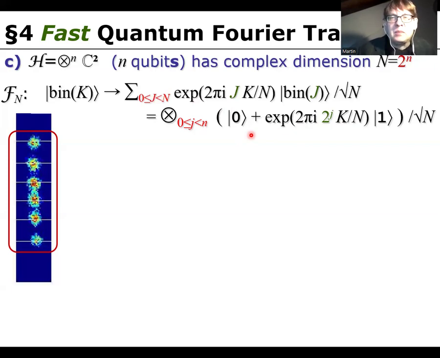You may recall, for example, the binomial formula. That's also a repeated application of the distributive law, which results in an expanded expression that is exponentially large. And here we do the opposite.